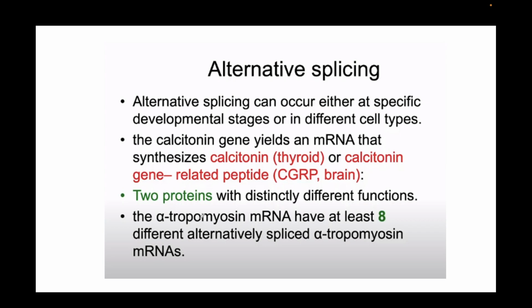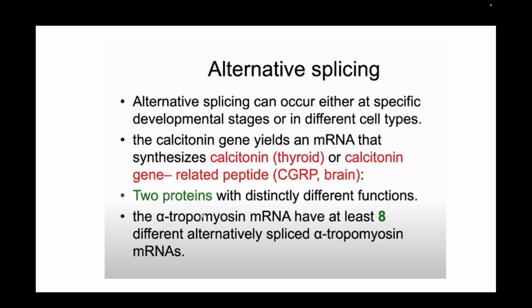Next, alternative splicing can occur either at specific developmental stages or in different cell types. So it is not equal in every organism. A specific developmental stage, like in humans, goes from fetus to embryo to a small baby, then a young boy, then adulthood, then the old stage.